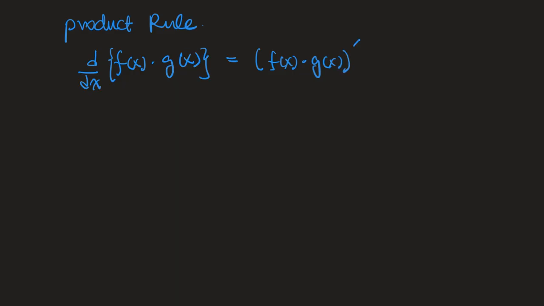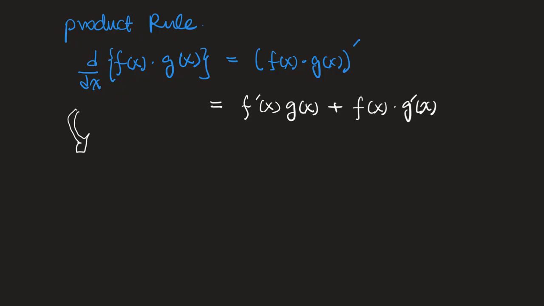This one is going to be the derivative of the first function, f prime x, times g of x, plus the first function f of x times the derivative g prime x. So that's what you're going to find, right? Now from the definition of the indefinite integral, you're going to see this form changed this way.